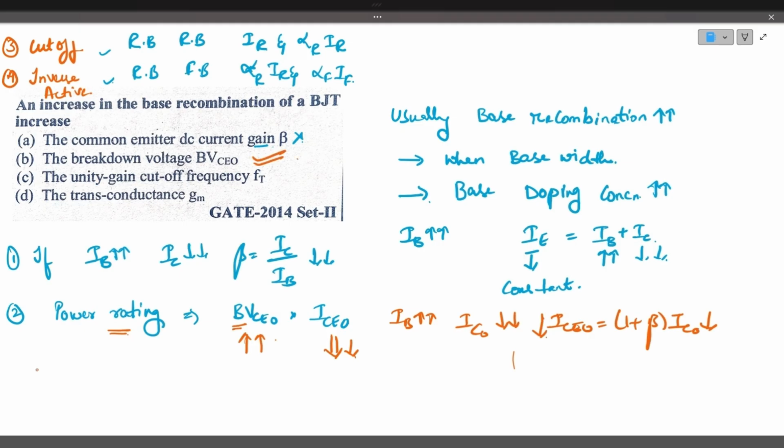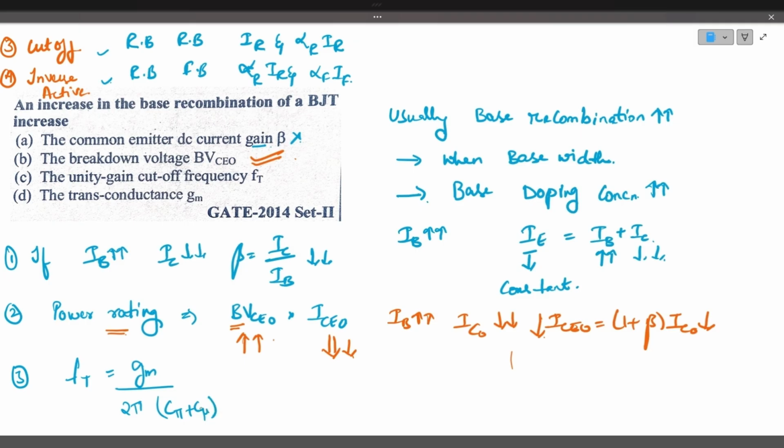Similarly, if you see the third option, unity gain cutoff frequency, that is f_T. f_T is equal to g_m divided by 2 pi (C_pi plus C_mu). These are the inter-electrode capacitances.